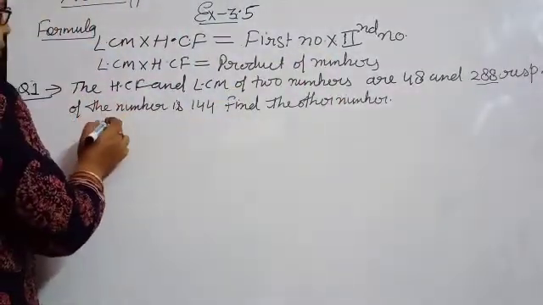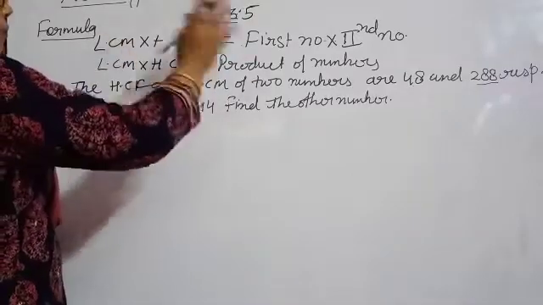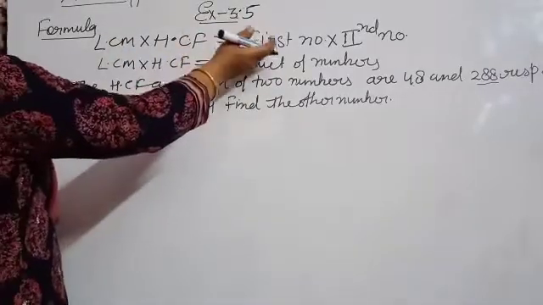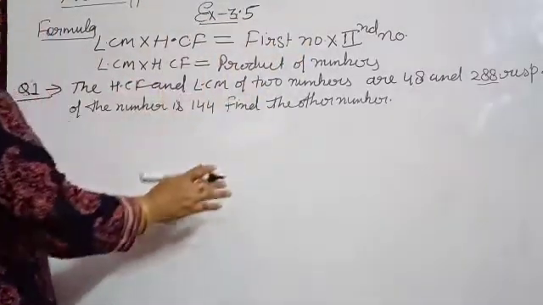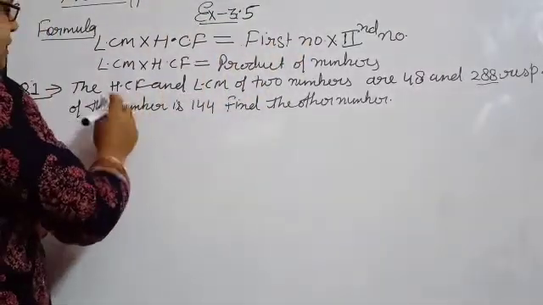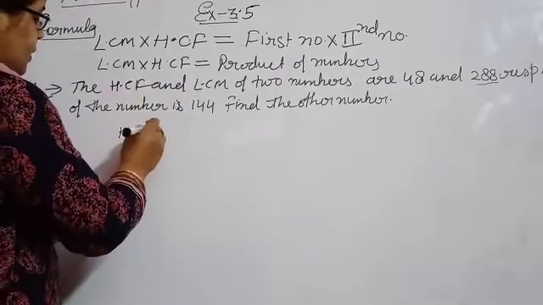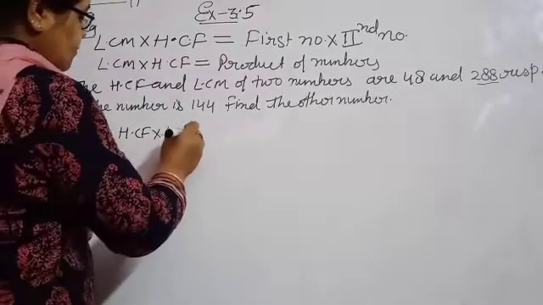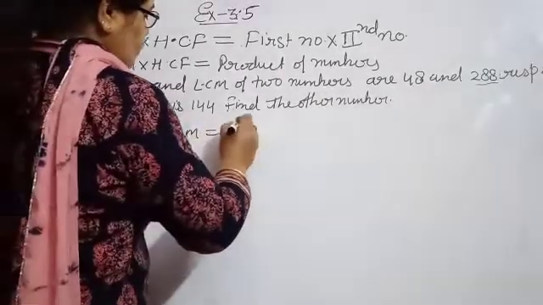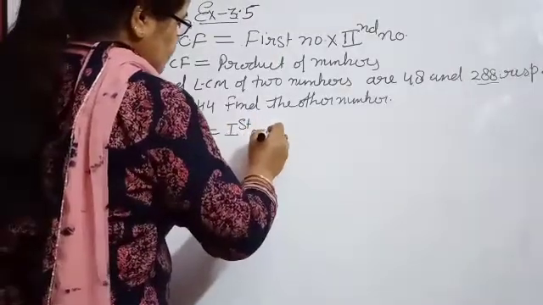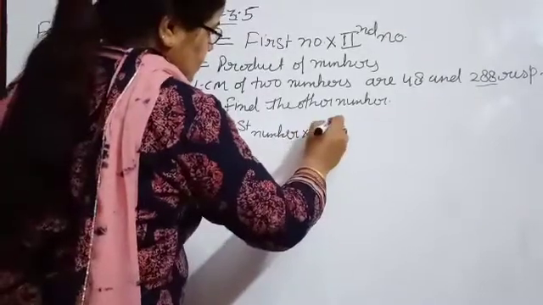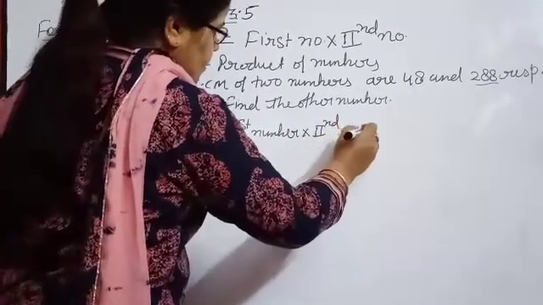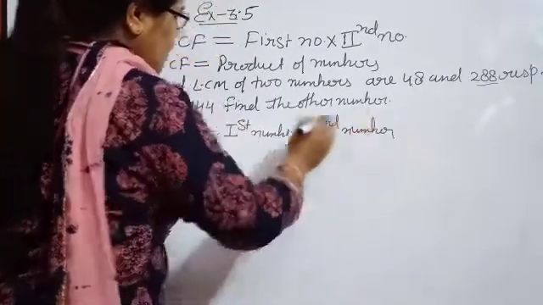See that beta, we can write the formula here also, there will be no change in the formula. So HCF into LCM is equal to first number into second number. Okay, see that now.